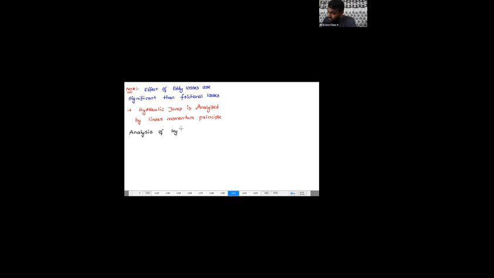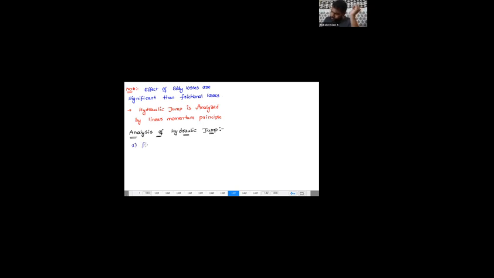So now let's see the analysis of the hydraulic jump. Again, when we are going to analyze it, we are going to have some assumptions.